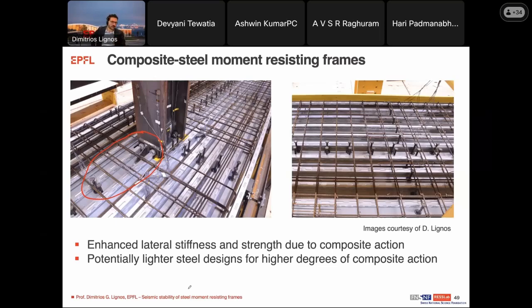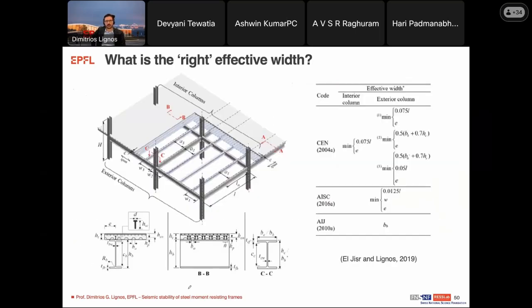But there are also other issues related to design. One of them is what is the right effective width, okay? So for instance, in this table, you see that if you look at the European norm or the American norm or the Japanese norm, each one of them has different rules for the effective width.